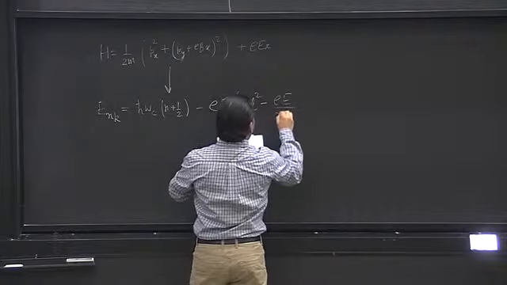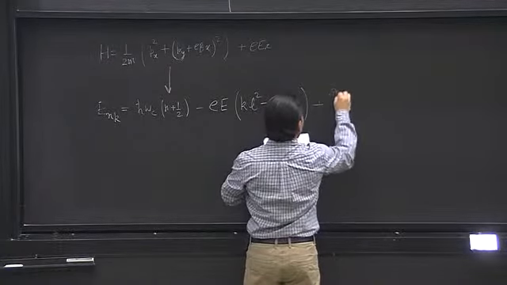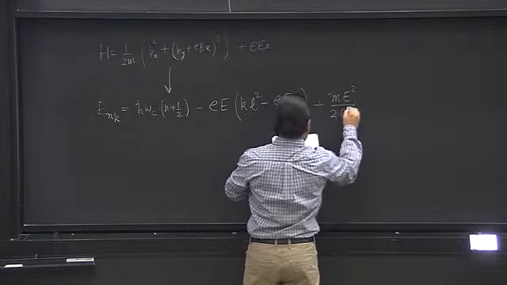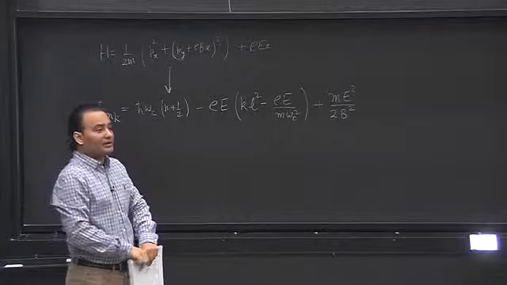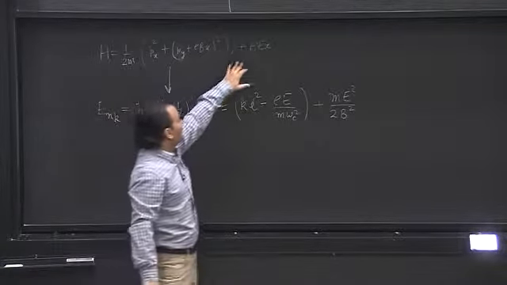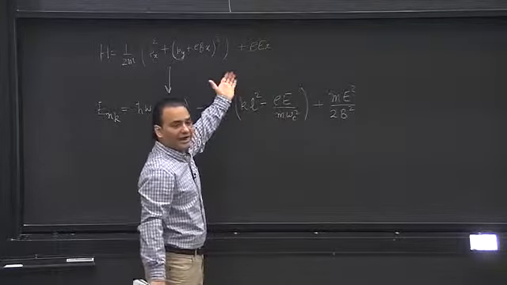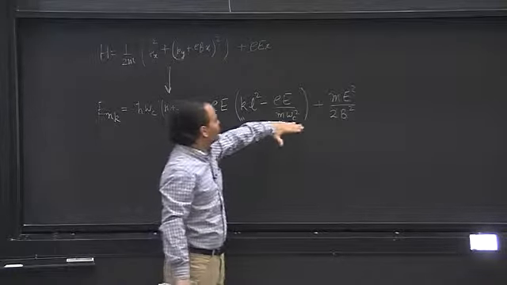There are many ways to write this. So now when you try to complete the square, there will be terms that you will have to add and subtract, and that means the energy will have these additional terms.